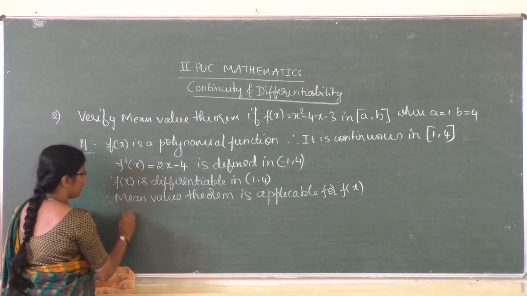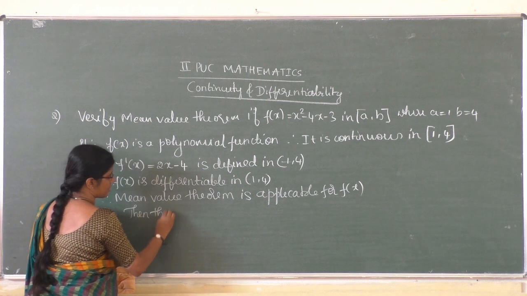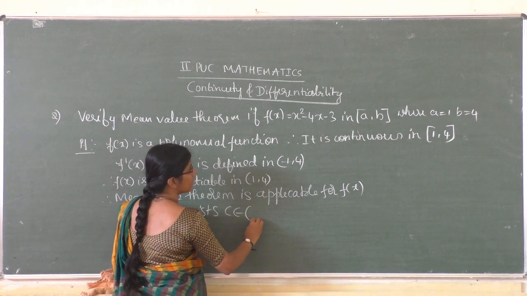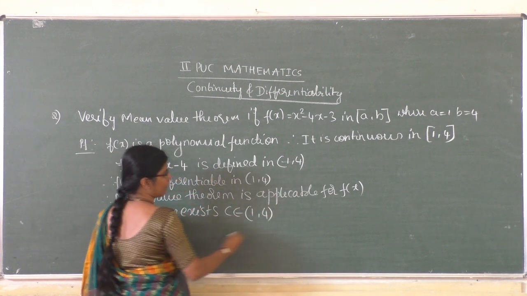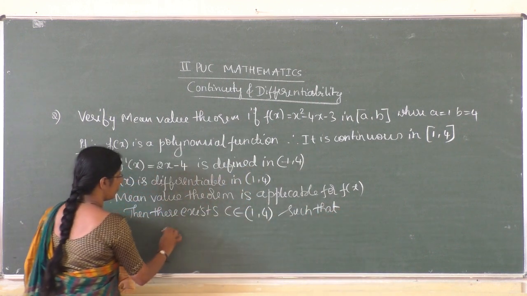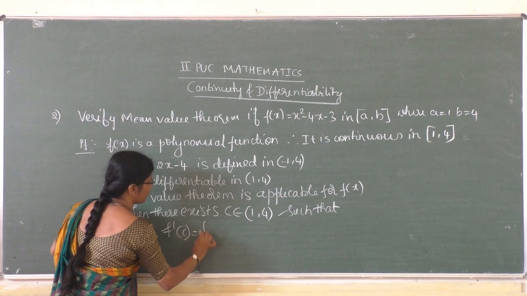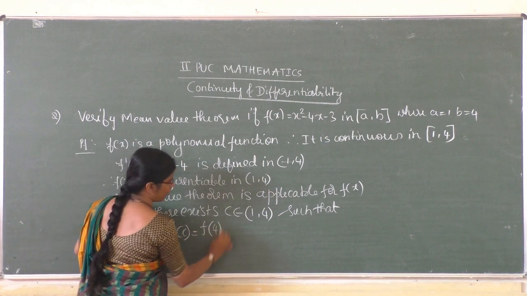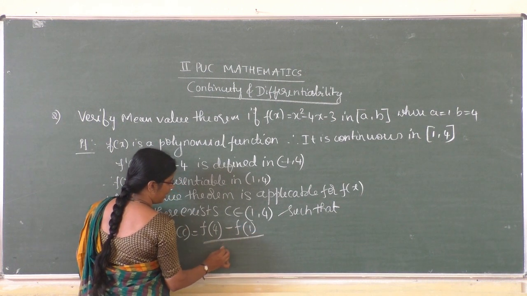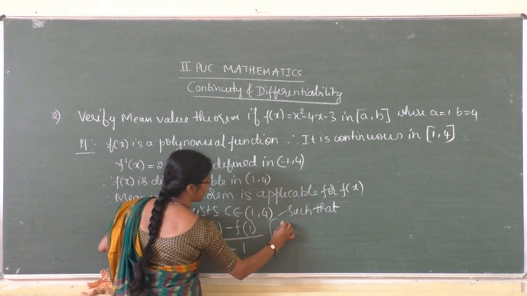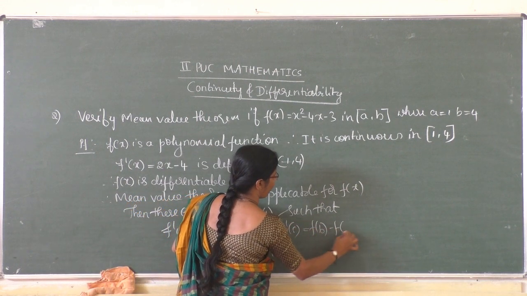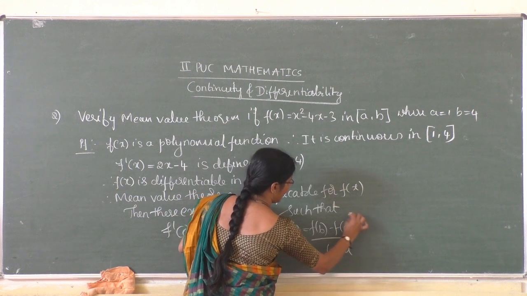So what do we have? Then there exists c in the open interval 1 comma 4 such that f dash of c is equal to f of b minus f of a divided by b minus a.